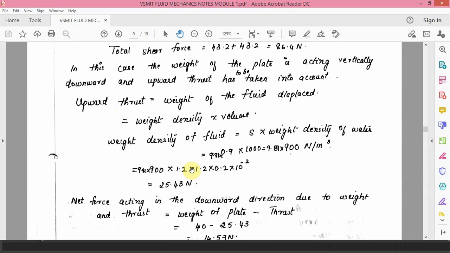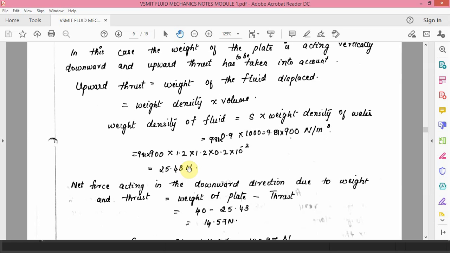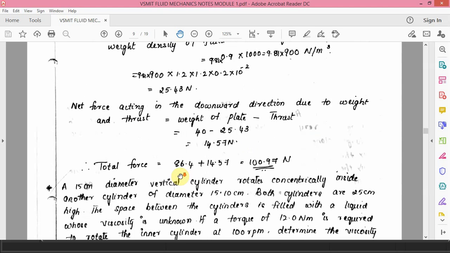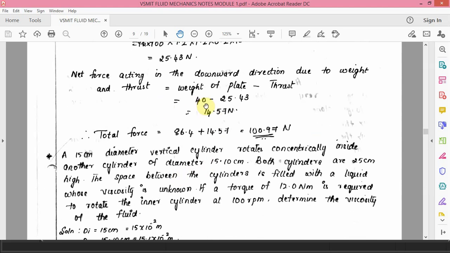Weight density of fluid is equal to S into weight density of water, that is equal to 0.9 into 9.81 into 1000, that is equal to 9.81 into 900 Newton per meter cube, that is equal to 25.43 Newton. Therefore, net force acting in the downward direction is equal to weight of plate minus thrust, that is equal to 40 minus 25.43, that is equal to 14.57 Newton.